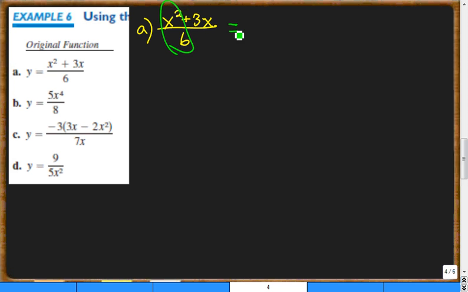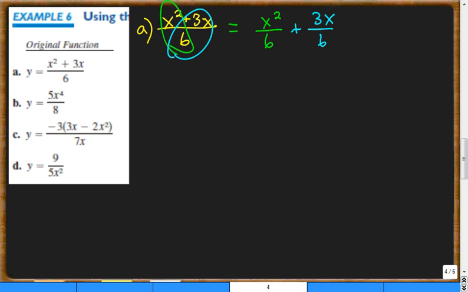So this is going to be x squared over 6, and then our second term is going to be a positive 3x over 6. If we went to actually do the derivative of this, it's now a lot easier than it was before. So splitting up the function can allow us to not have to do the quotient rule at times.